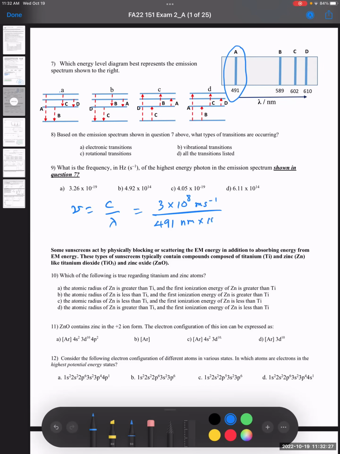To do that, I'm going to multiply by 10 to the power of minus 9, because that is how many meters we have in a nanometer. So nanometers cancel out, meters cancel out. We're going to get the answer in hertz or per second.